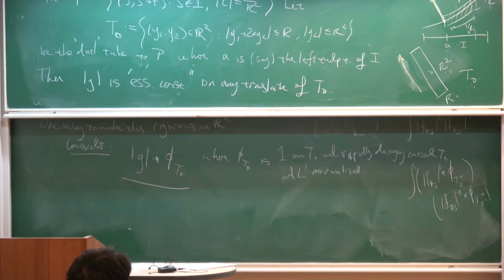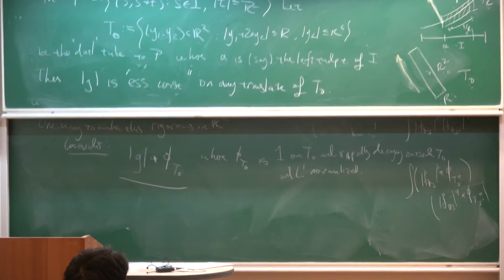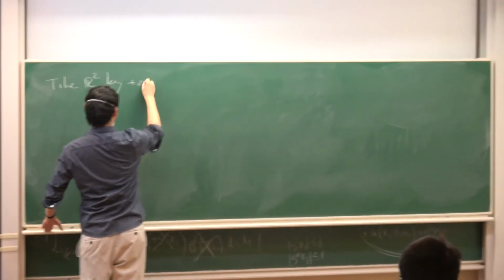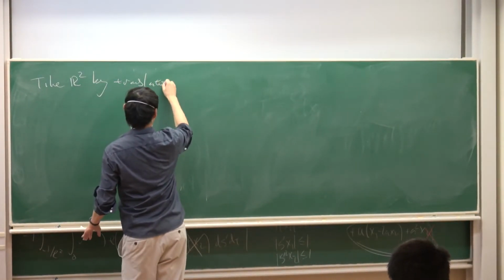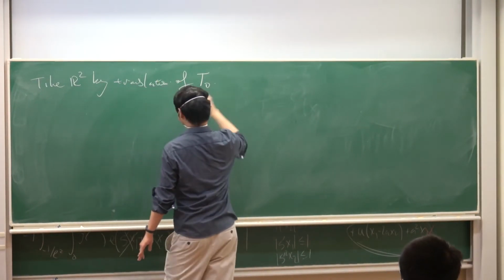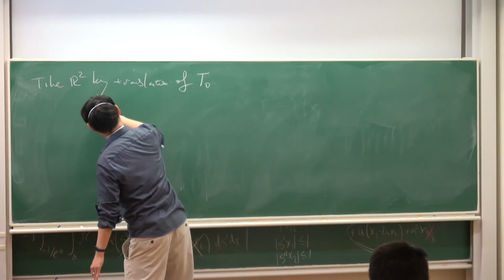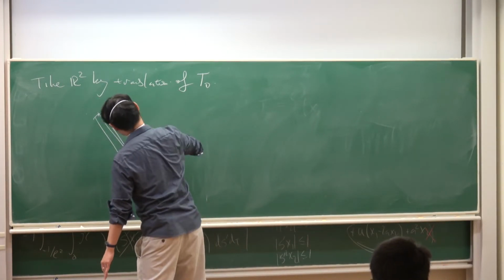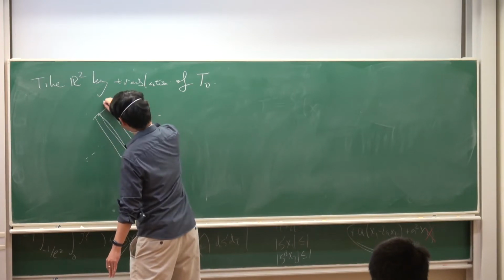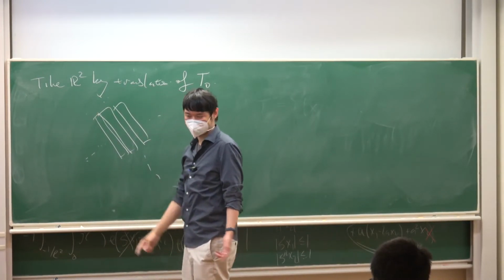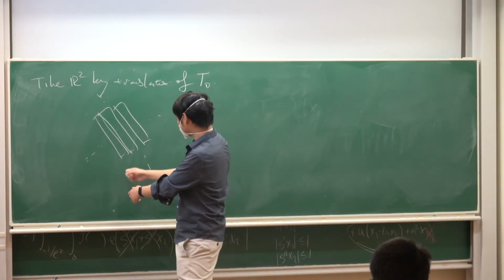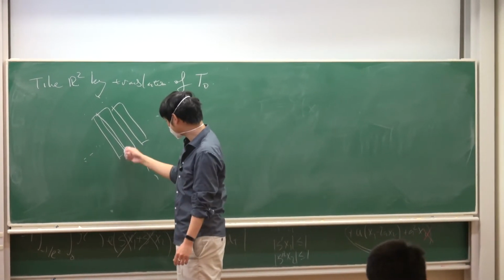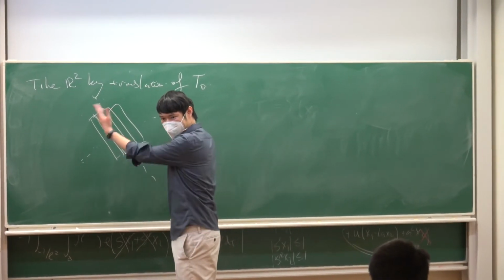Right, so tile R2 by translates of T naught, in all directions. Then what does that say? Well, I know that absolute G is a constant here, a constant here, a constant here, a constant everywhere.